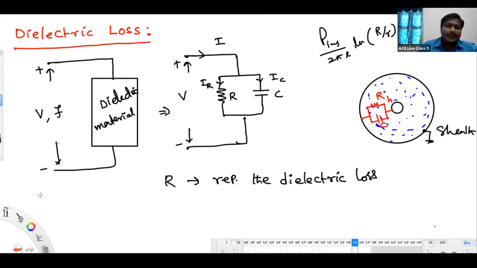The parallel combination of these two will be the effective resistance causing the power loss in the dielectric material. So R is equal to the parallel combination of the hysteresis resistance and insulation resistance. This gives the effective resistance to be kept in the circuit. I think all of you are getting it.